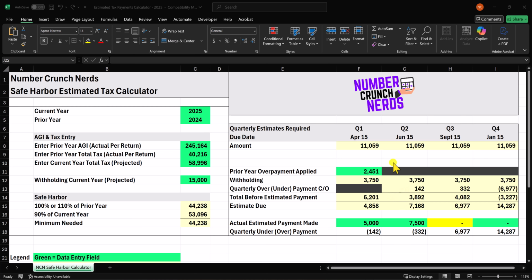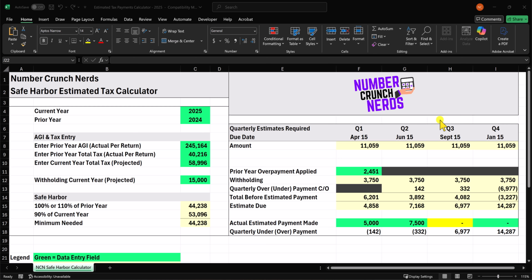We take our $11,059 total amount due. We subtract off the amount already paid in. That gives us a Q2 estimated payment of $7,168. You like to round up, so you paid in $7,500, giving you an overpayment for the quarter of $332.